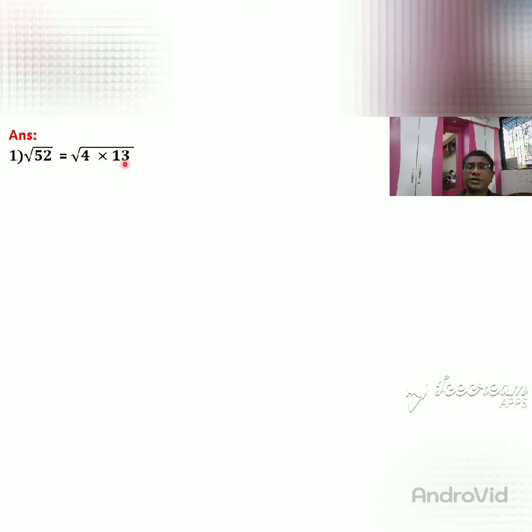So 4 into 13, 13 4s are 52, that you know from the table of 13, and with the help of that you can easily factorize. We cannot find the square root of 13, but we know the square root of 4. What is the square root of 4?